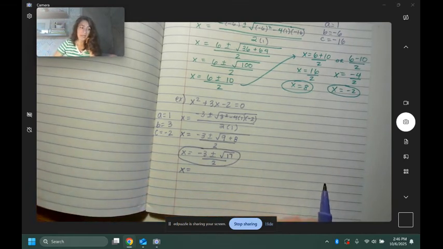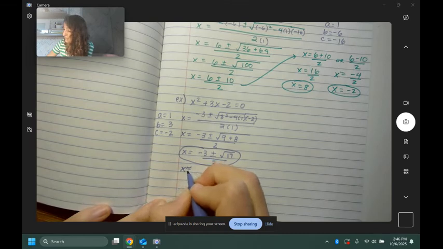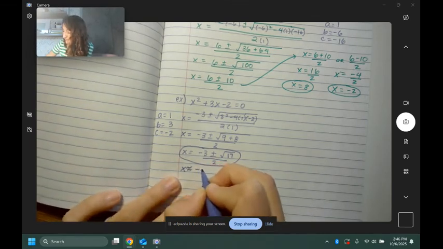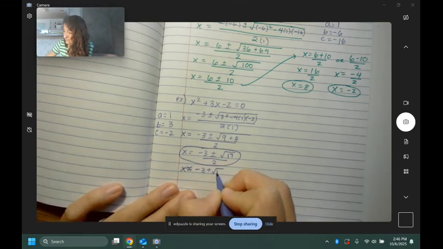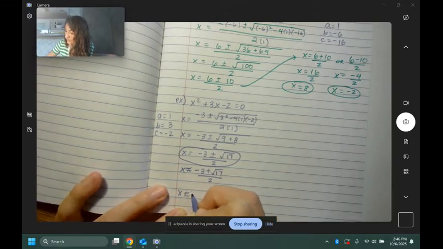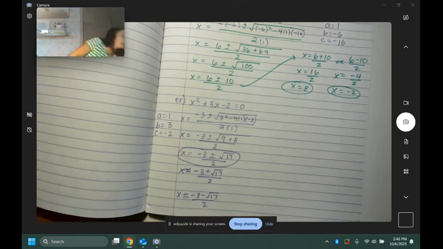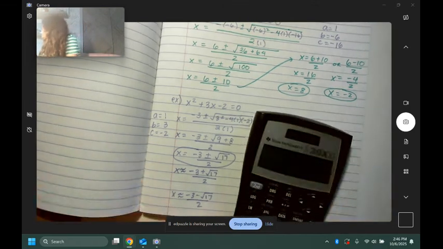Or if something said estimate the 2 roots here, I would type into my calculator negative 3 plus the square root of 17 divided by 2 and negative 3 minus the square root of 17 all over 2. Calculator, here we go.